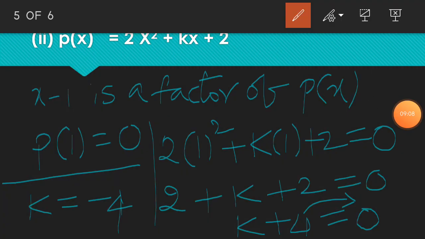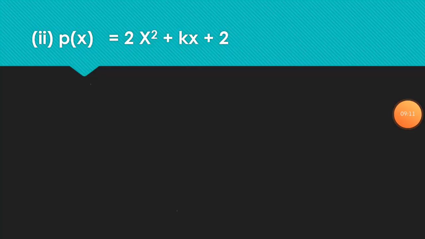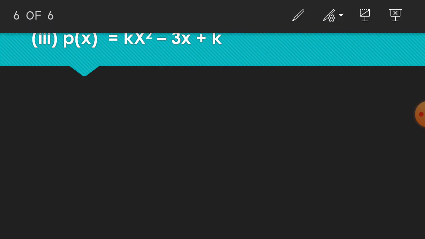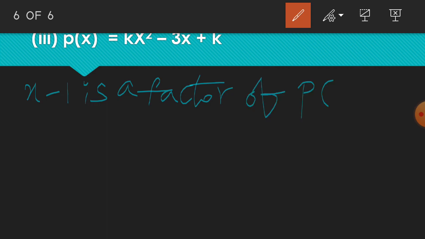Now let us see one last problem. Now the third problem is p of x equal to kx square minus 3x plus k. Again x minus 1 is the factor of p of x. So replace x with 1.